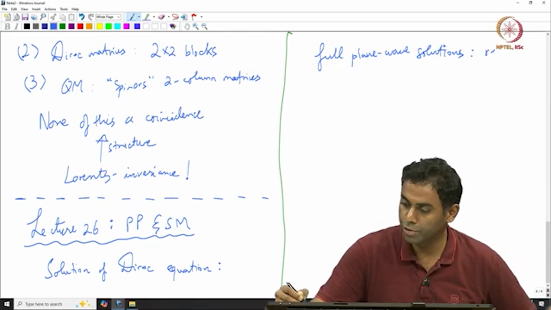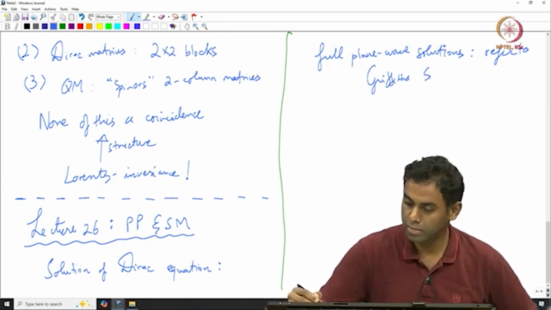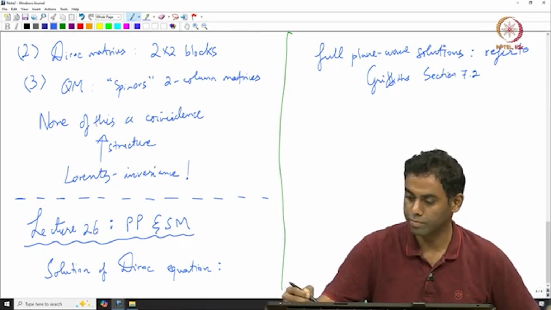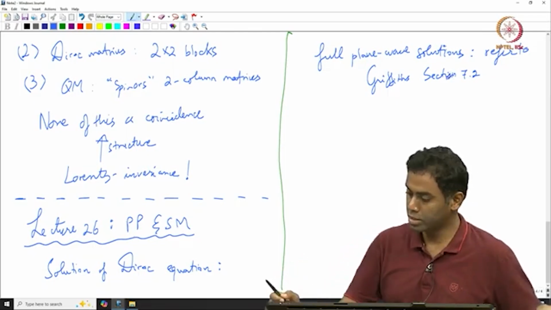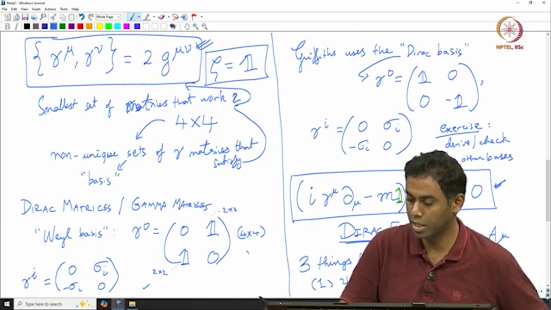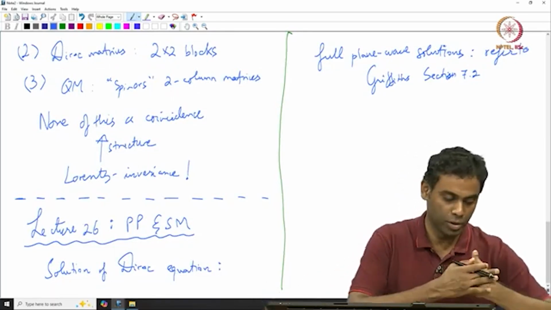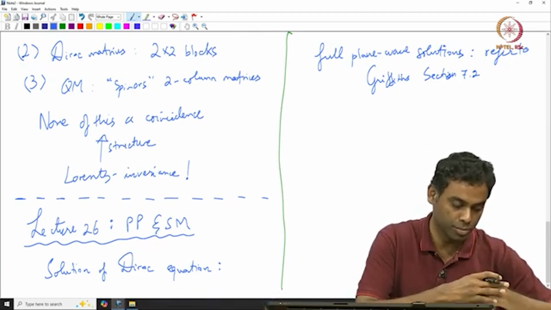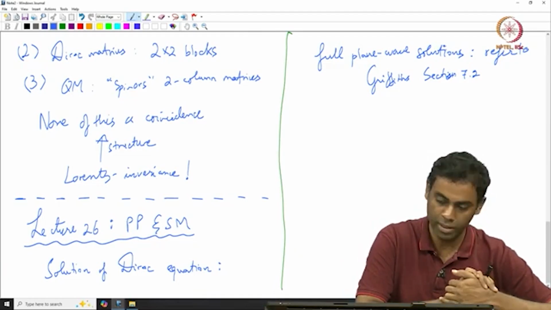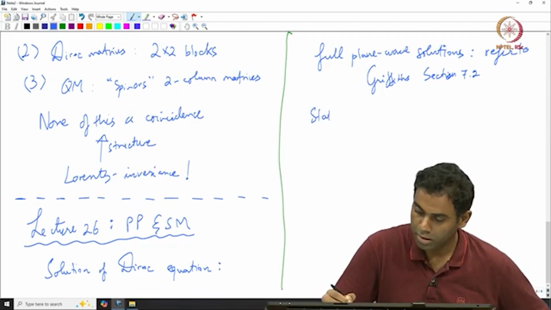For that I am going to refer you to Griffiths, chapter 7, section 7.2, okay. But of course this is a simple enough equation, it is just some matrices, you can solve this yourself, it is not that hard at all, alright. Maybe you can use some code like Mathematica to help you see how the solution comes about, but you can solve it yourself, okay.